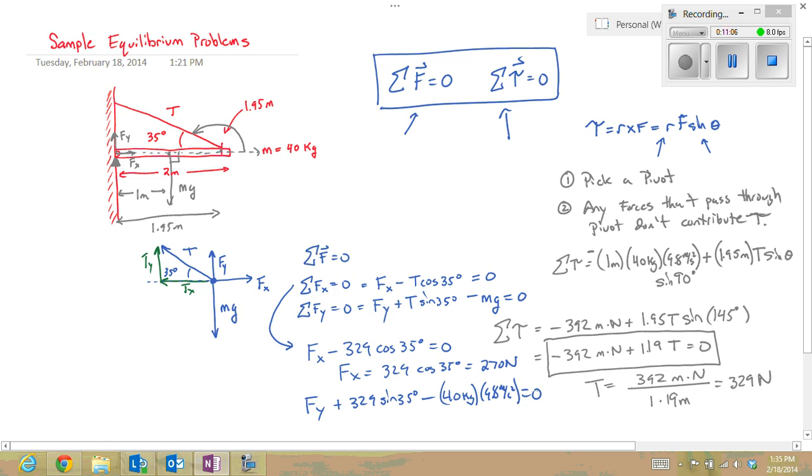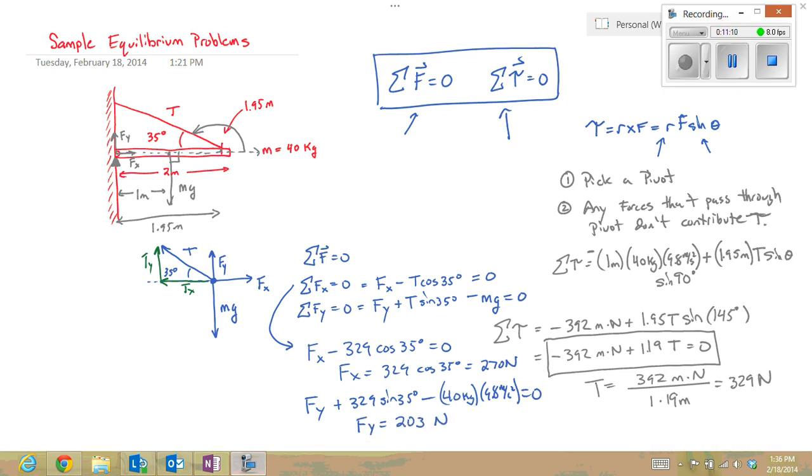So I can solve that for F sub y. And F sub y turns out to be 203 newtons, and the significance here is F sub y turns out to be positive. So the hinge is in fact helping to hold the object upward. If we had ended up with this 203 newtons as a negative quantity, that would have told us that the hinge was pulling the object down.